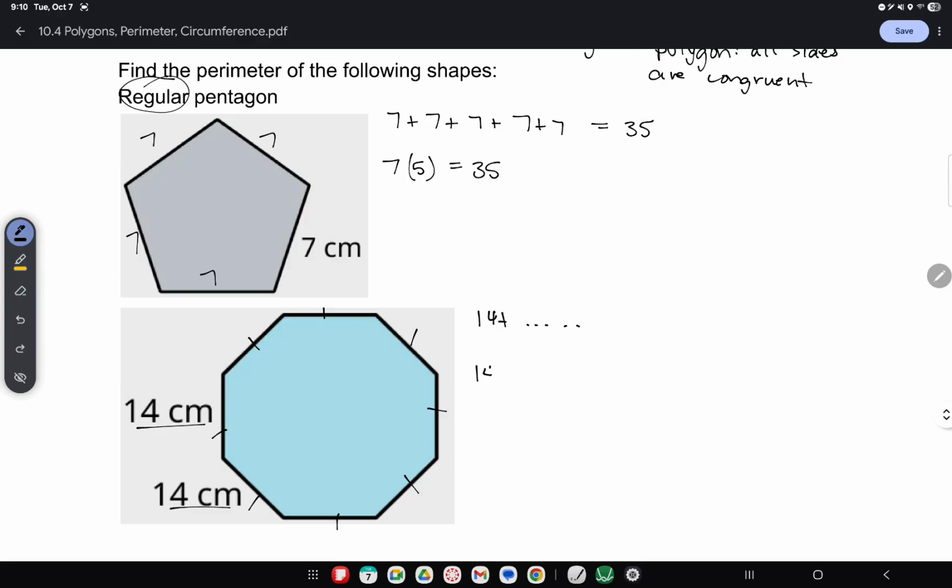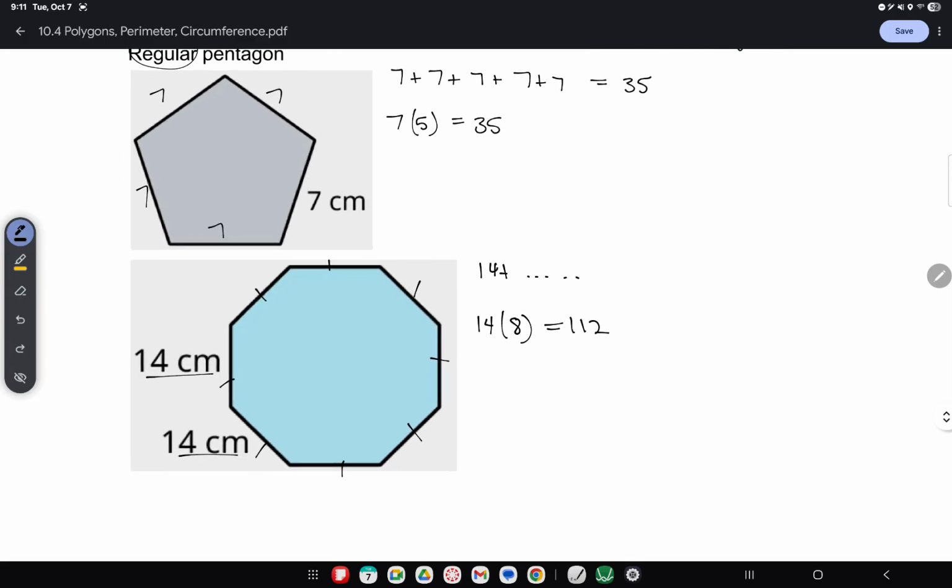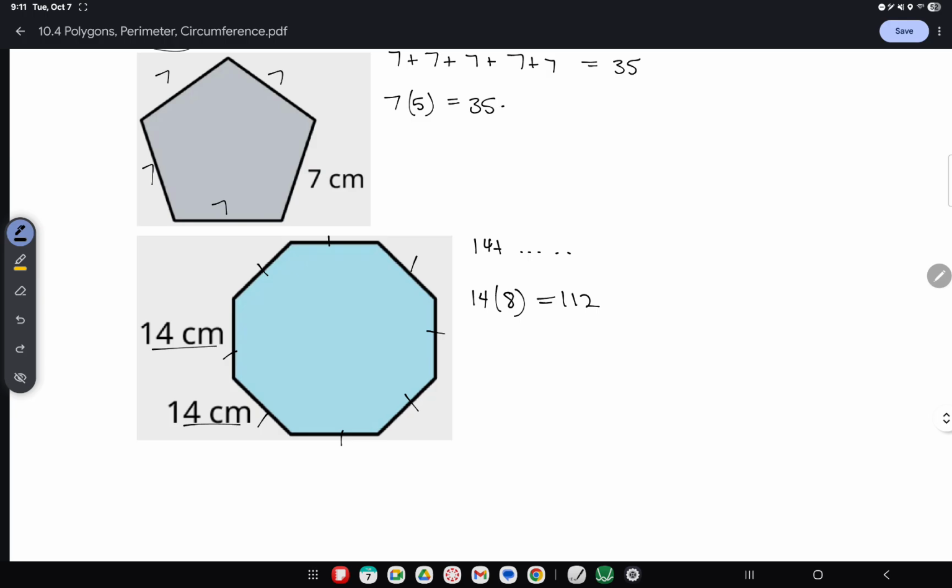Or I could say, hey, the side length is 14 and there's 8 of them, and I can do that math. So let's see, 14 times 8, I'm just throwing that in a calculator, is 112. I guess I should be proper here. It's in centimeters for both of these, so throw in those units.